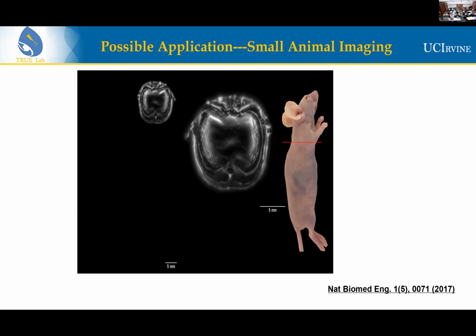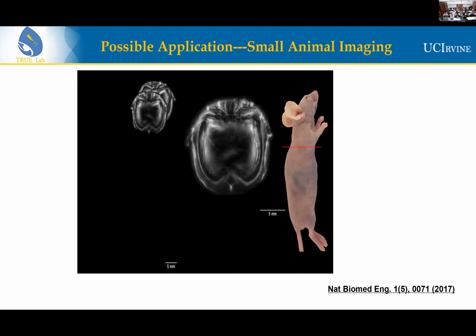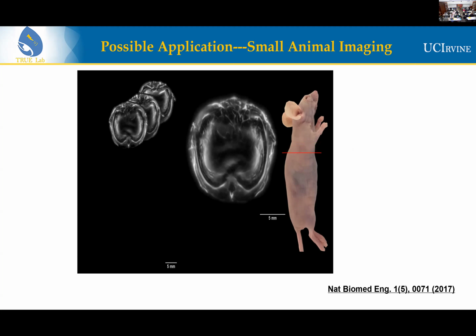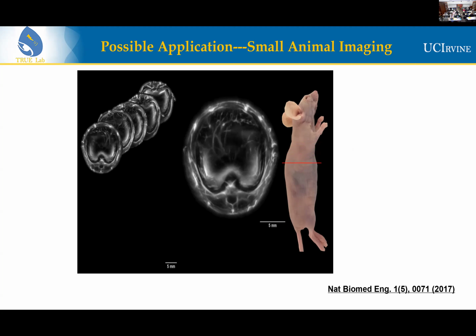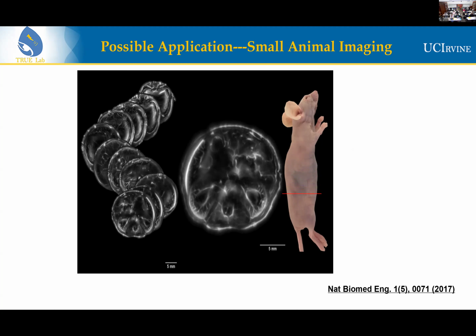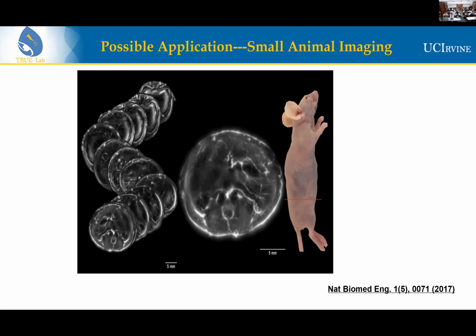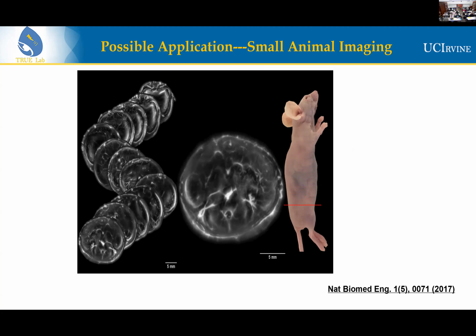If you do the scanning, you focus on the red line doing the cross section of this mouse, you can visualize each of those cross sections. You pretty much see almost everything within the organ. You see not only the microvessel network, but also kidney, all these different internal organs at a very high resolution.